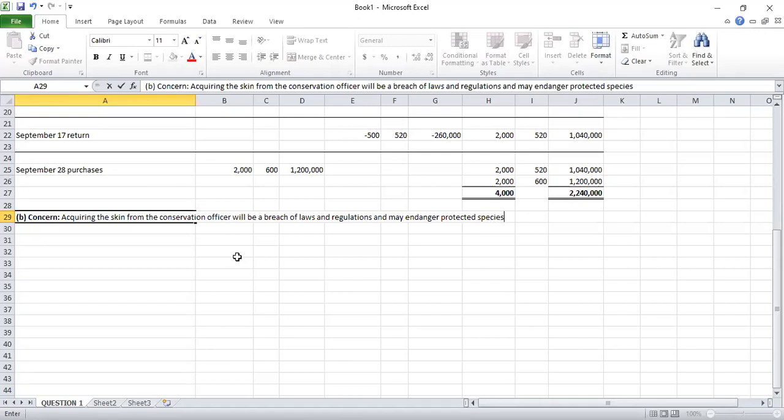So that can be a concern. You can put it in whatever manner that you feel is right.